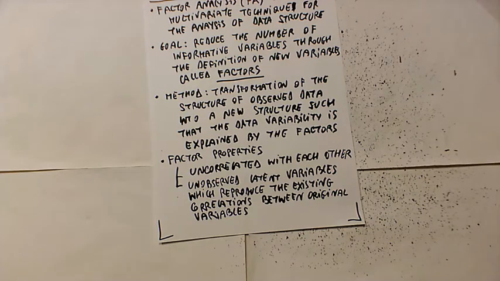Of course, we can group similar variables, and with similar variables I mean variables that provide similar information. In other words, variables that are highly correlated for the reasons I told you before. So the factors are unobserved latent variables that are created according to the correlations between the original observed variables.